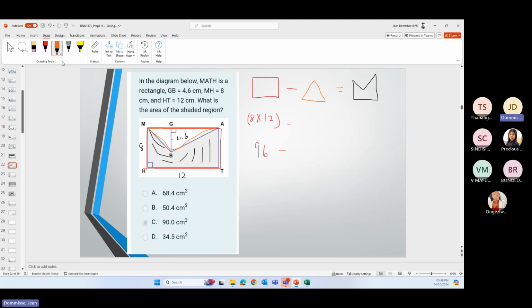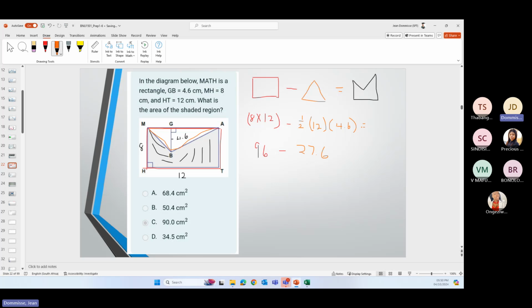Then we know that the area for a triangle is a half base times height. Base is 12, height is 4.6. So 0.5 times 12 times 4.6 is 27.6.